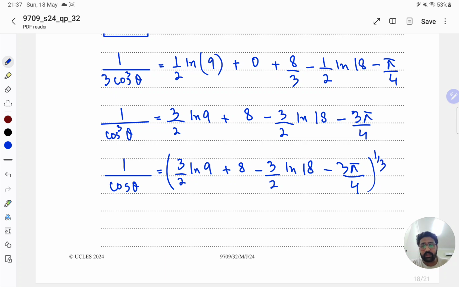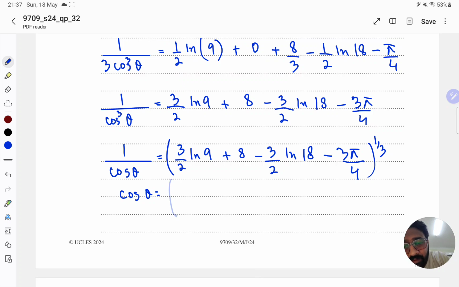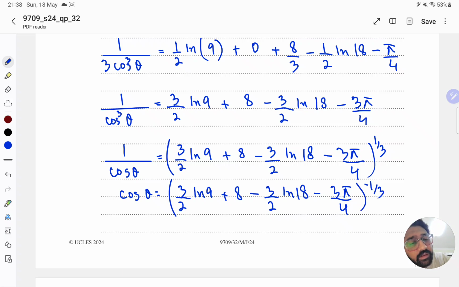Now I know that I have to find the value of cos theta. So let's find out the value of this first. For cos theta, when I have to flip the left side, I'll change the sign of the power on the right side as well. So cos theta will become 3 over 2 ln 9 plus 8 minus 3 over 2 ln 18 minus 3 pi by 4, whole power 1 by 3. So let me put this in the calculator.